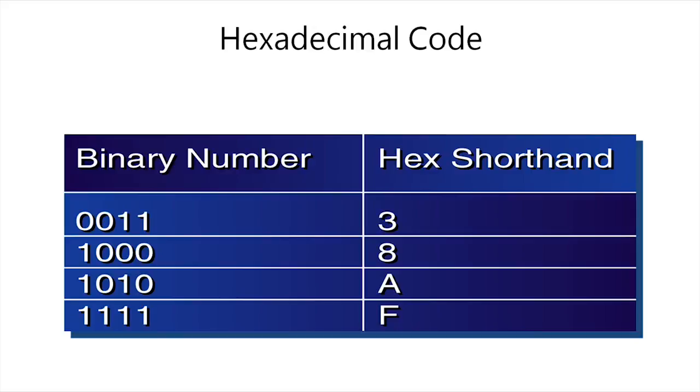If any one of those is a 1, you take 2 to that power, that's the number that goes there, and you just add them all up together. That's how it works. So the first one should be 3.